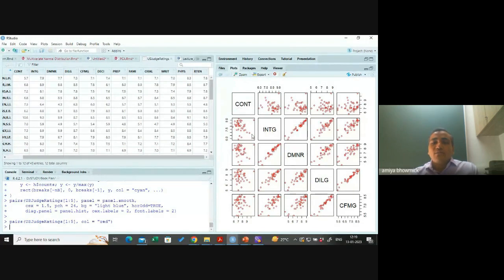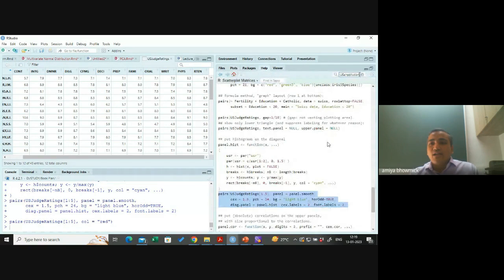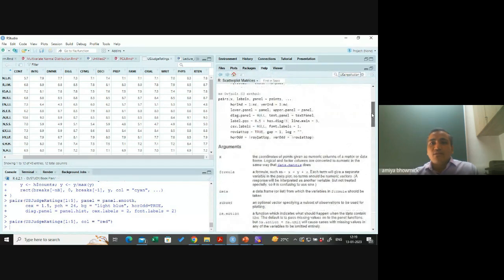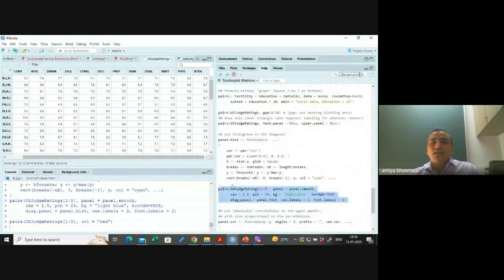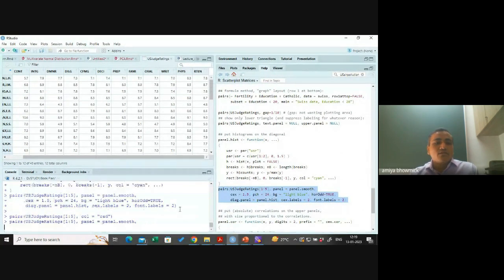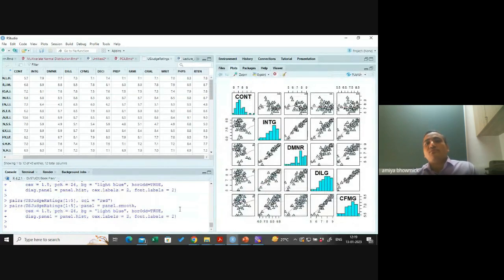You can make a lot of customization on the diagonals. In the help file, if you observe diag.panel, whatever you want in the diagonal you can change. Here they have written a separate function for the diagonal, they want it to be a histogram, and once they plot it they get a histogram.